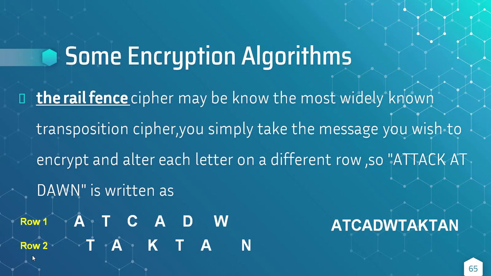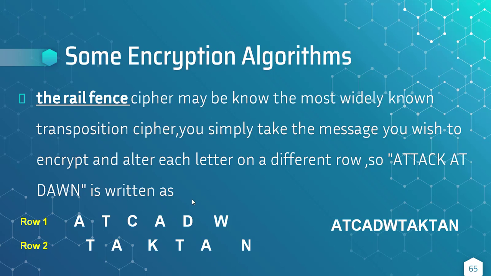Here we have 2 rows. I write here A, T, then the next letters, as we see here. I make this line: A, first T, second T, A, C, K, and here D, A, W, N.